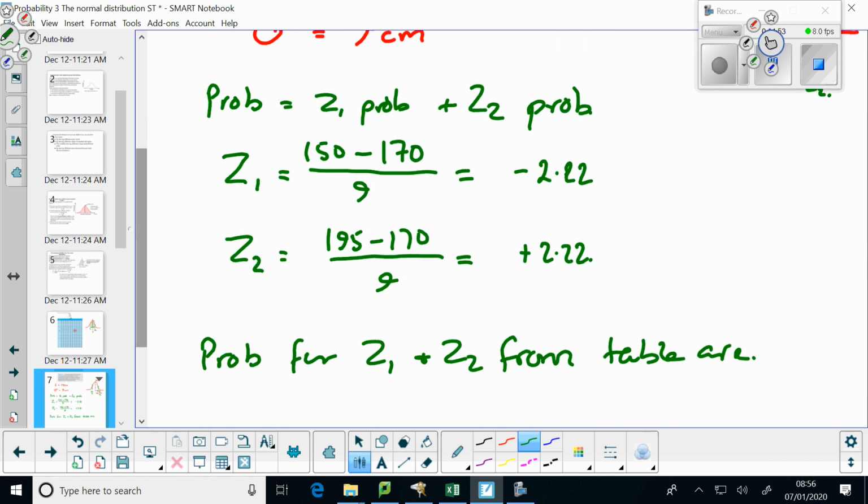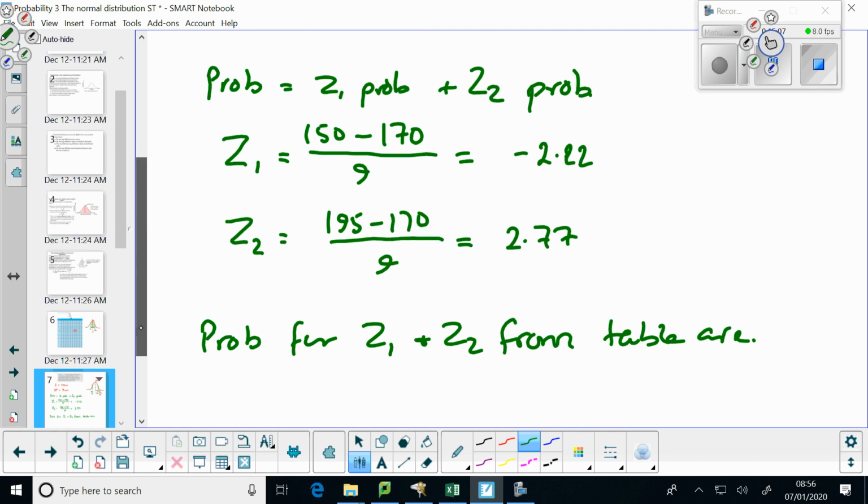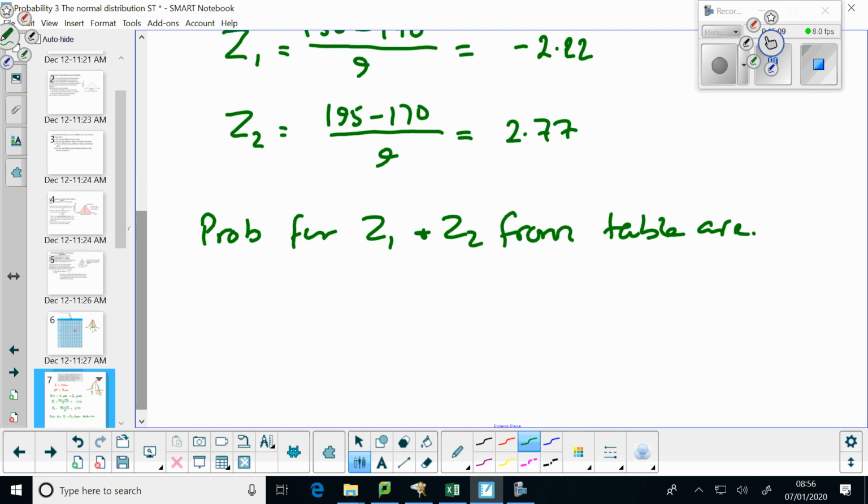This one, not the 40 you calculated? 2.77. So you have got two different values of probability. So look up the table, find the probabilities for Z1 and Z2.